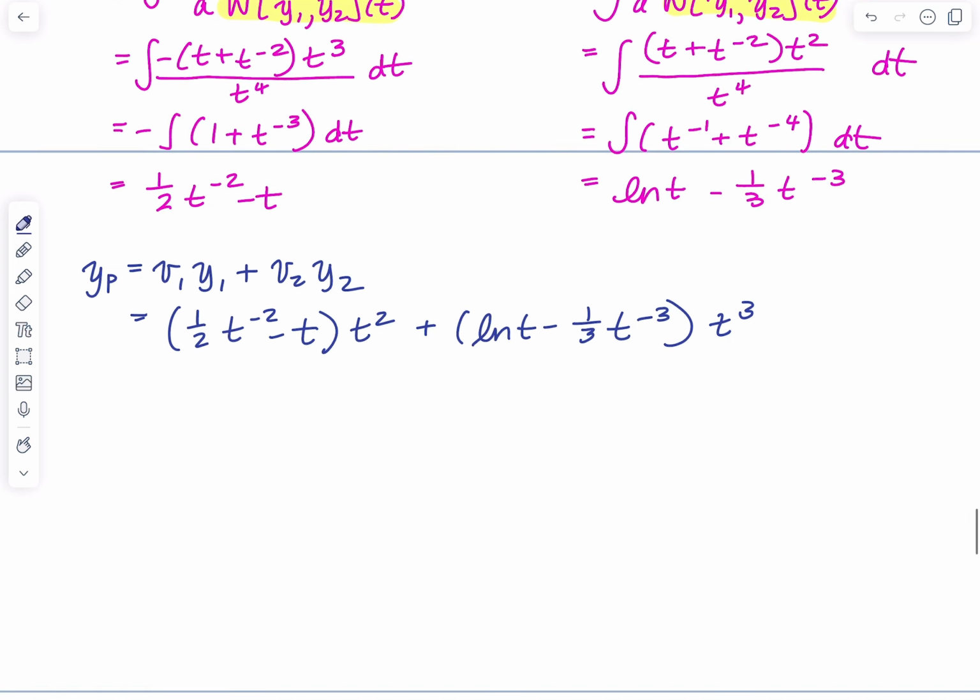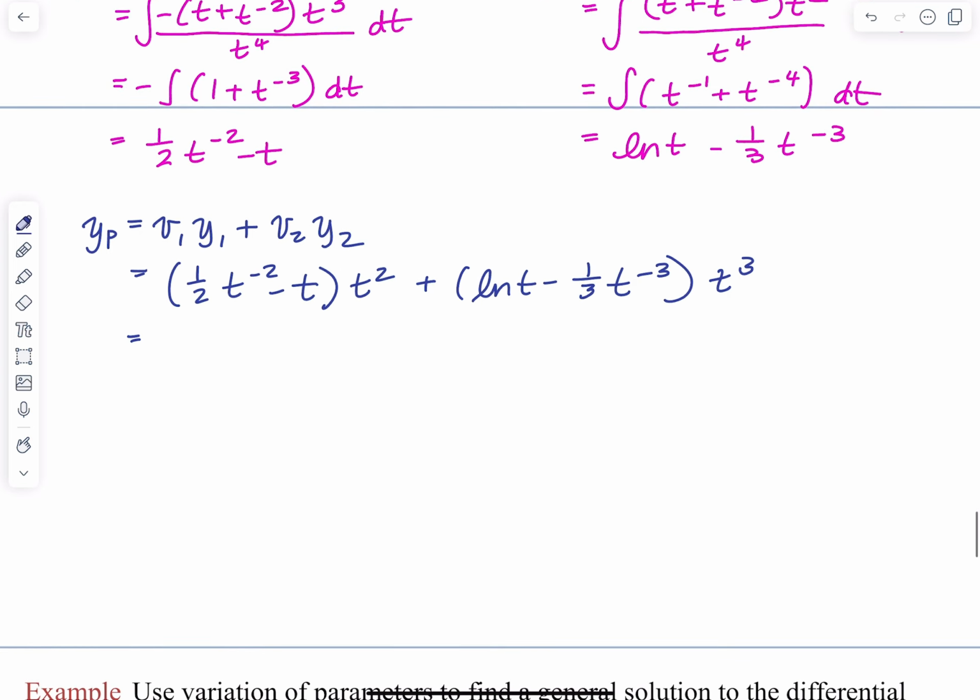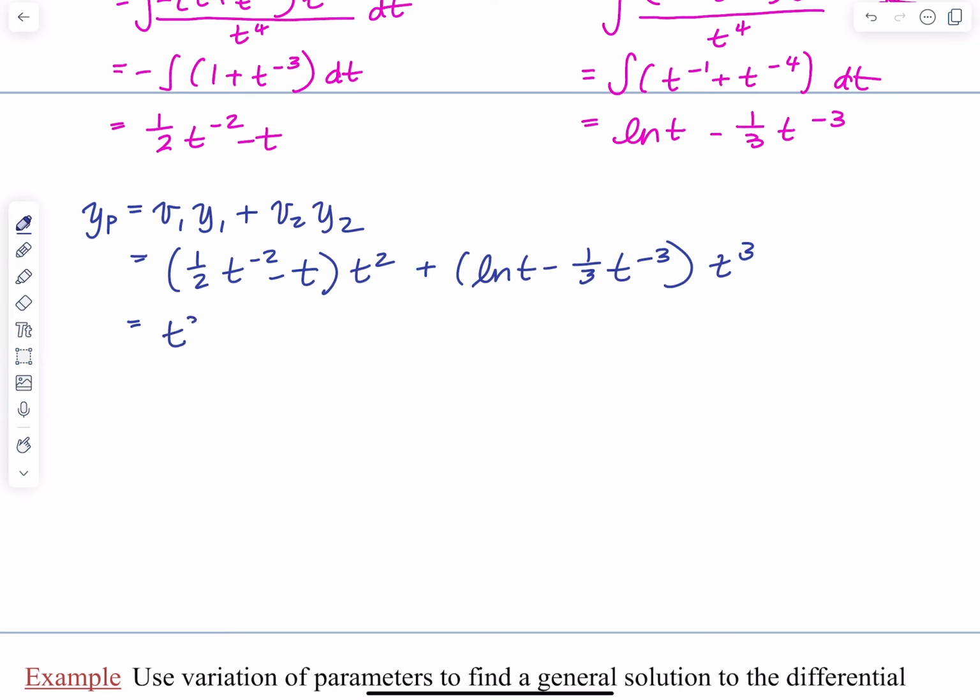And that does simplify nicely to t cubed multiplied by the natural log of t minus t cubed plus 1/6. And you can go ahead and see how that works there with that negative 1/3 and then that 1/2.